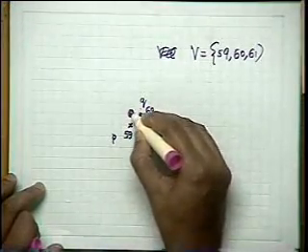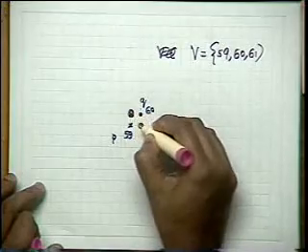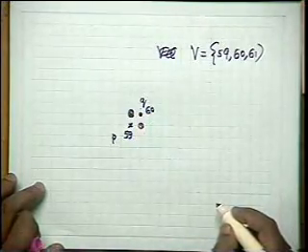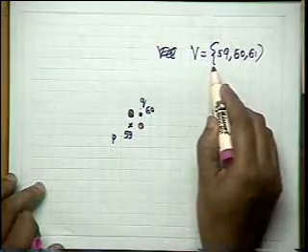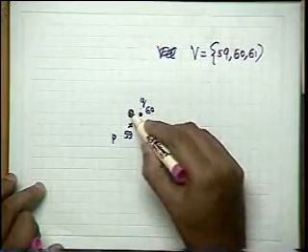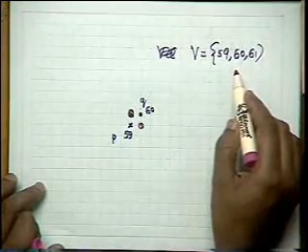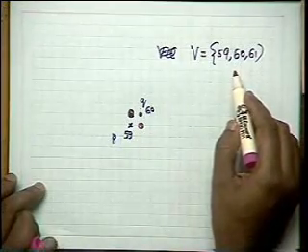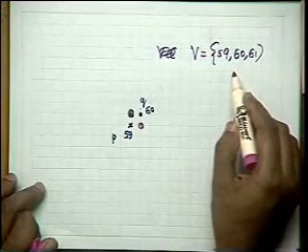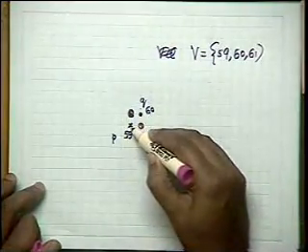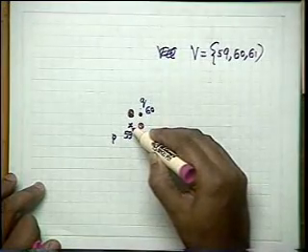Now, if I find that neither this pixel nor this pixel belongs to the set V, I mean its intensity, if their intensity does not belong to this set V, then we will say that the intersection set is empty and the pixel Q and pixel P will be M connected.